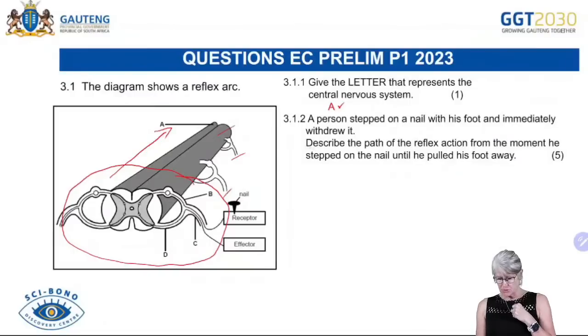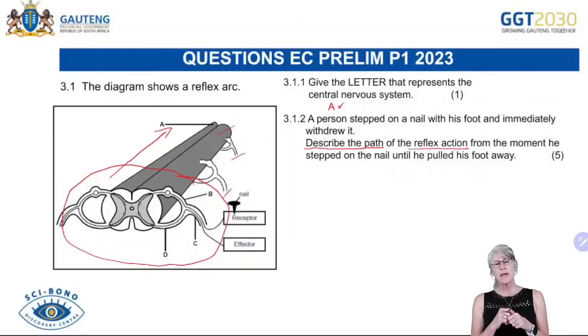Now what they want us to do is describe the path of the reflex action. Okay, so the reflex action was pulling that foot away very quickly. Now they're asking you to describe the path that the impulse traveled along, so from where the skin or the foot sensed the pain, okay, the painful stimulus, to when it actually withdrew the leg, the foot.